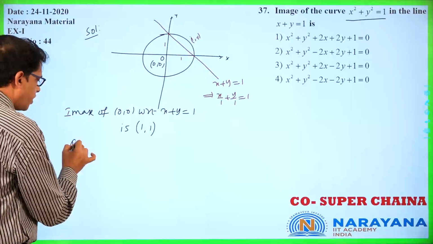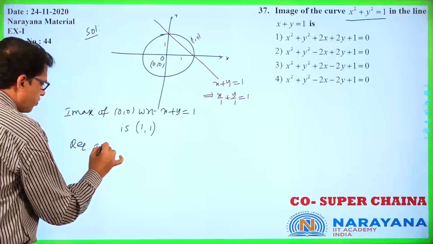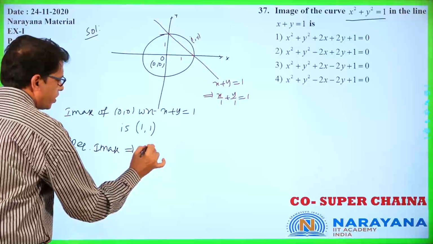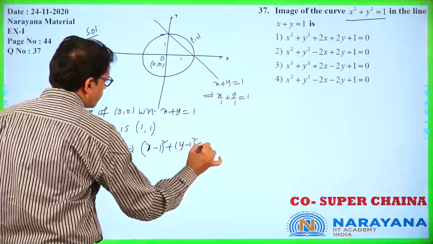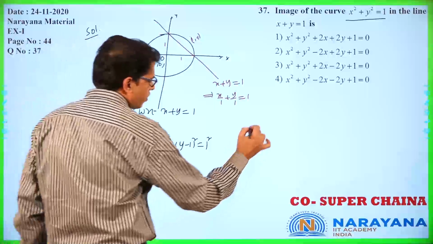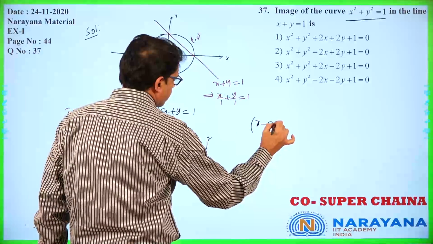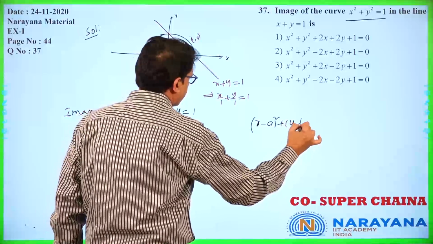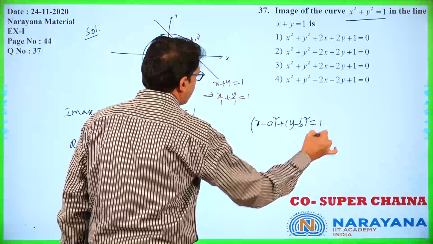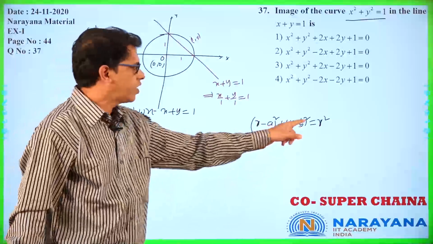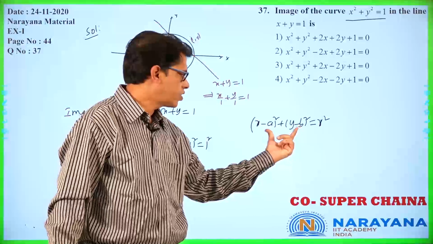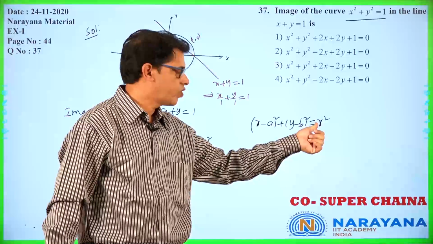Therefore the required image is x minus 1 whole square plus y minus 1 whole square equal to r square. What is the formula? x minus a whole square plus y minus b whole square equal to r square. This is the formula if you know the center and radius. Center is a comma b, radius is r.